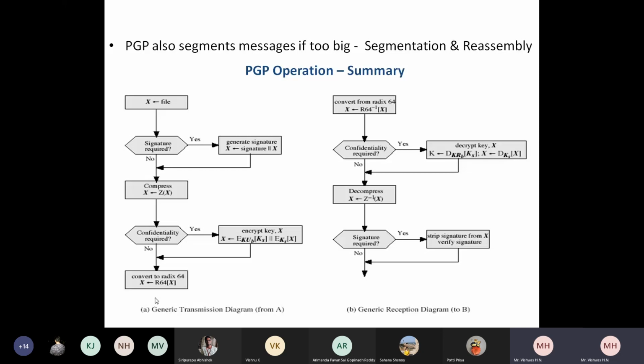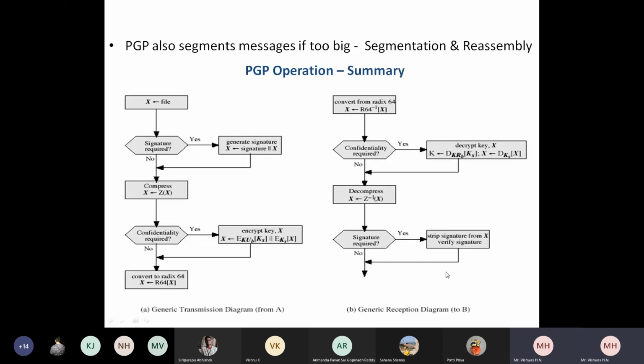If yes, you create the signature, and after creating the signature you compress it, and after compressing you do the confidentiality part. That means you encrypt it, and then you do the conversion. So basically, these are the steps handled in PGP. If you get a question to draw the generic transmission diagram, this should be your diagram. So, a flowchart.